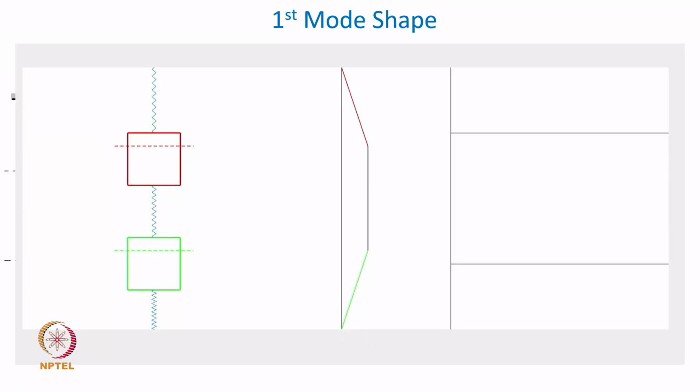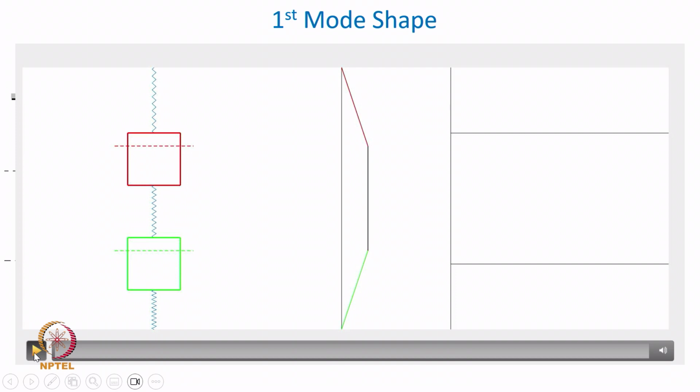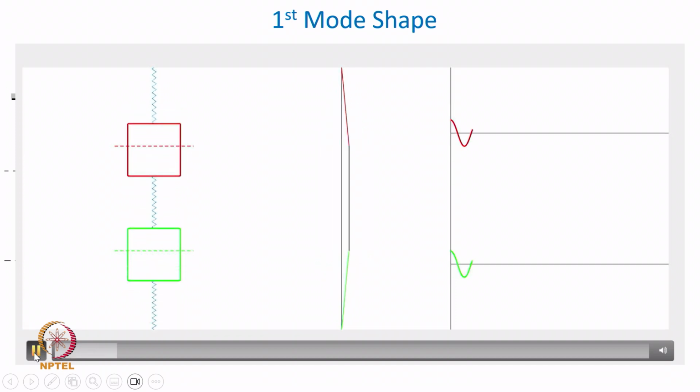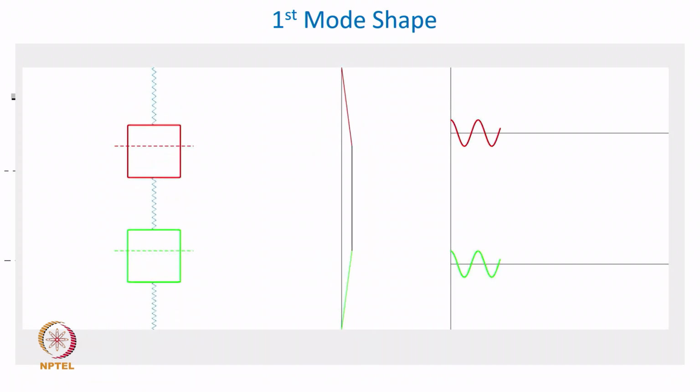Now, the animation here will give you a very good sense of what we have seen and discussed. So, this is how the first mode shape looks for this particular system, where k1 equal to k3 equal to k and k2 equal to 2k.